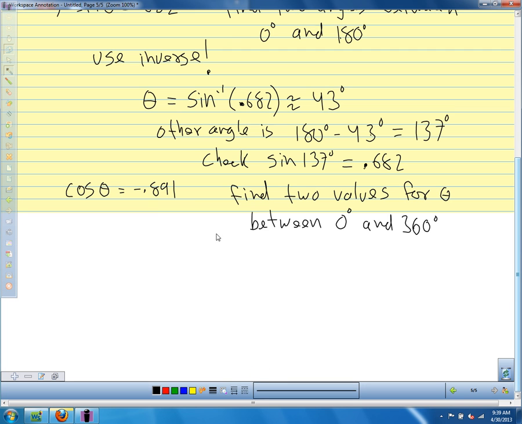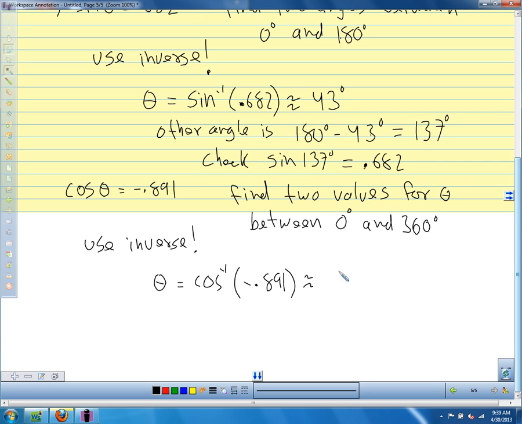So we have our ratio, we're looking for the angle, so we know that we have to use an inverse. So theta is the inverse cosine of negative 0.891.